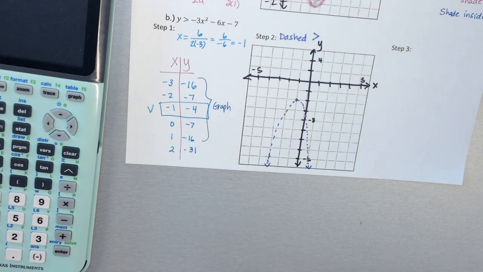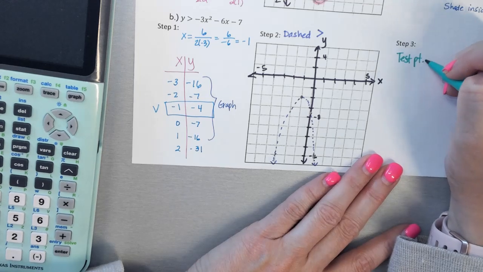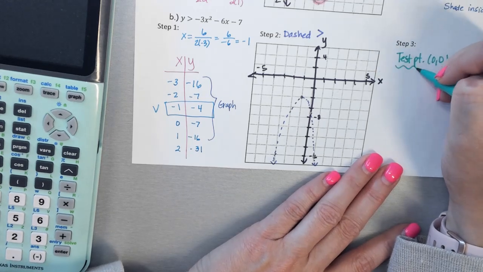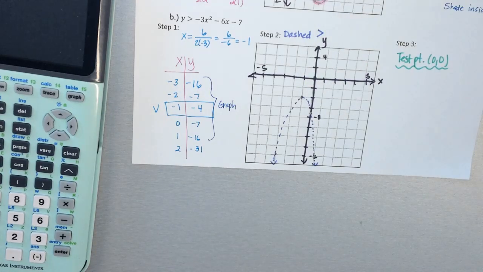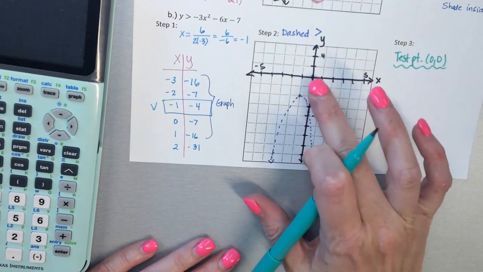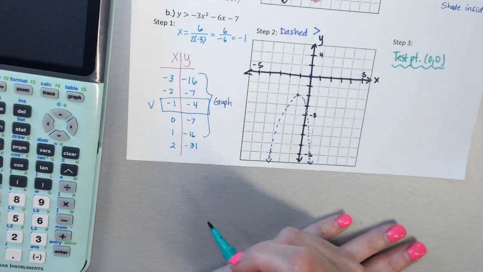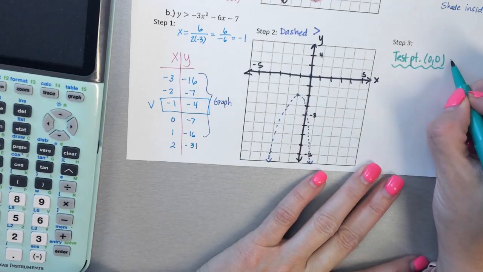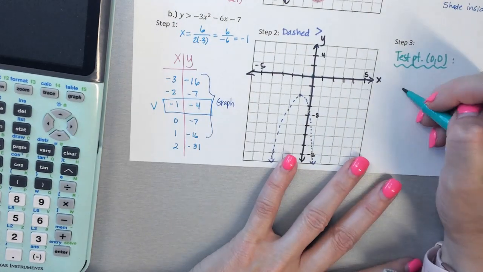Okay, so for step 3, you just identify what your test point is. If you can use 0, 0, I think that's the simplest, so that's why I use it. The only time you can't use 0, 0 is if one of your points is on it, and then you pick any point you want to. And then like I said for the first one, when you're plugging in 0, 0, okay, you know y is 0.